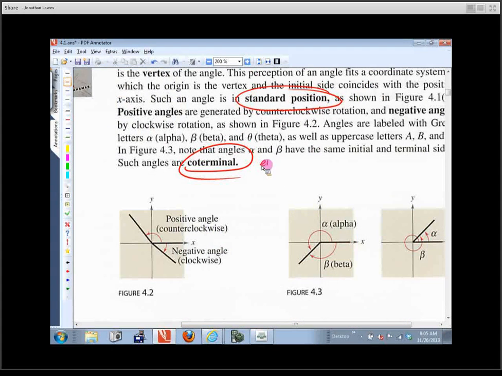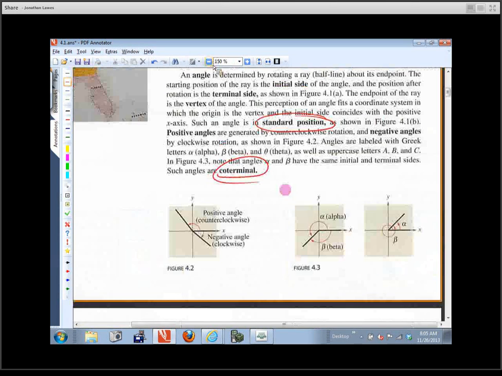Coterminal means end in same place, but they have different measure. So they have the same terminal side, they end in the same place, but they've got different measurements.